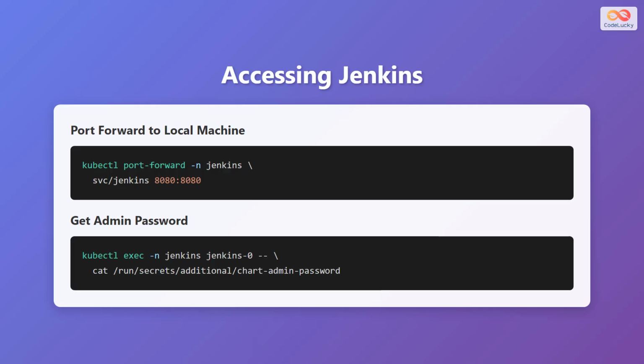To log in, you'll need the admin password that was automatically generated during installation. Retrieve this password by executing a command inside the Jenkins pod using kubectl exec. Navigate to the run/secrets/additional directory and cat the chart-admin-password file. Copy this password and use it along with the username admin to log into Jenkins for the first time.